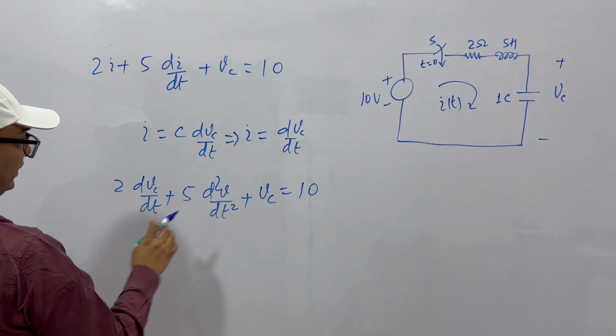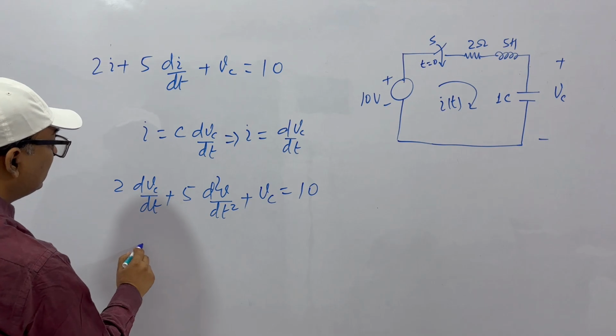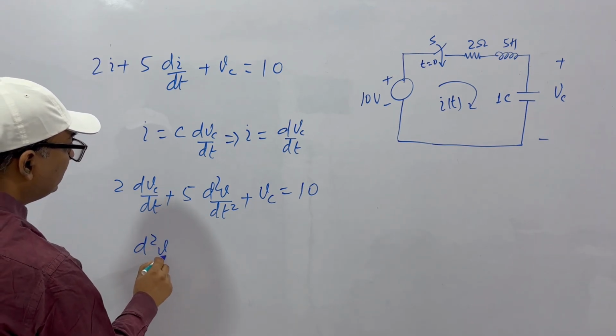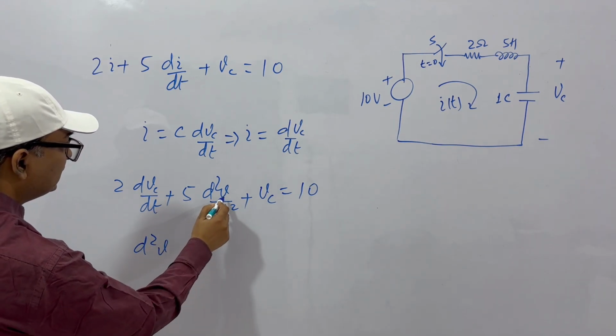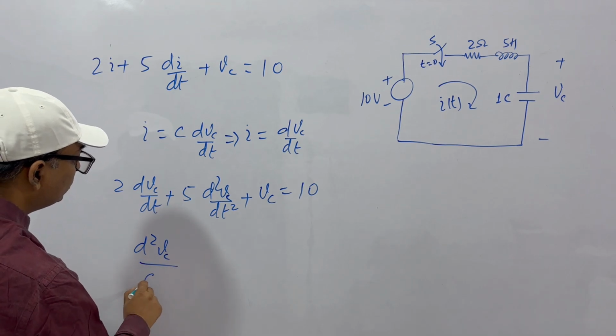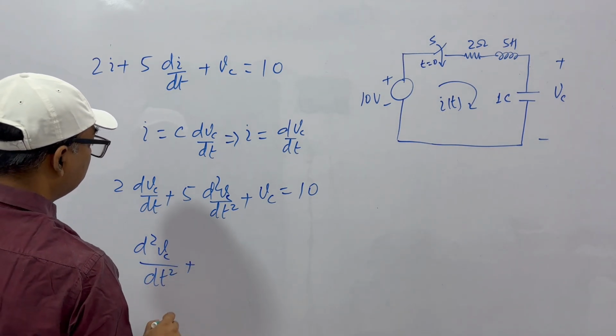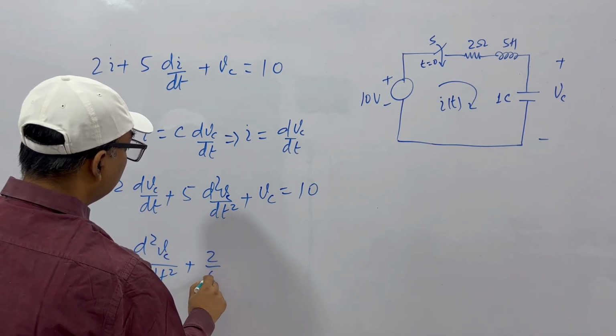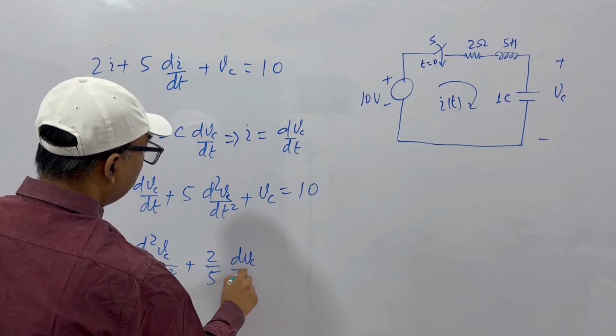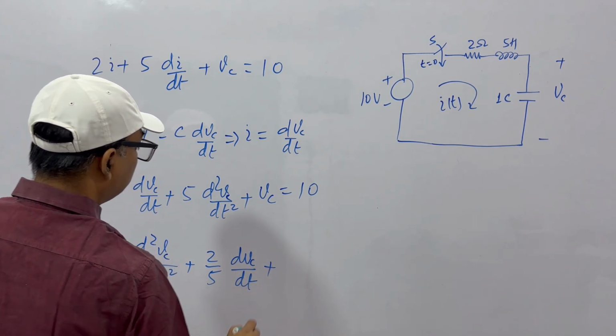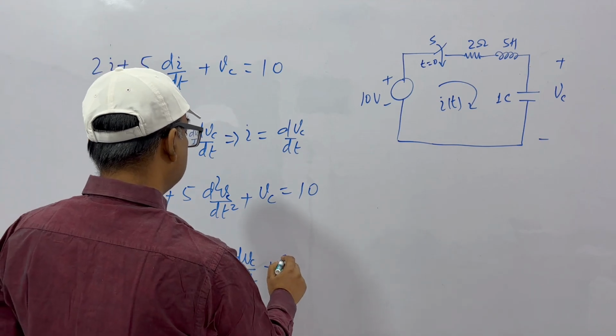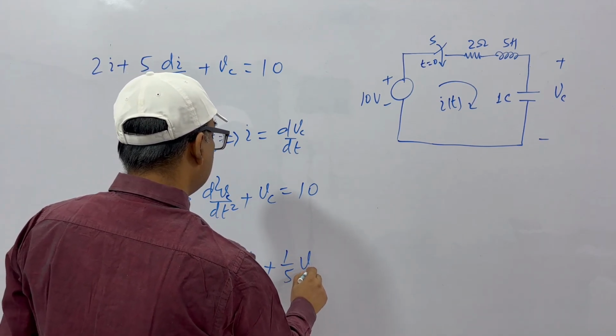Or if you divide throughout by 5, the equation that you get is d2Vc by dt2 plus 2 by 5 dVc by dt plus 1 by 5 Vc equal to 2.